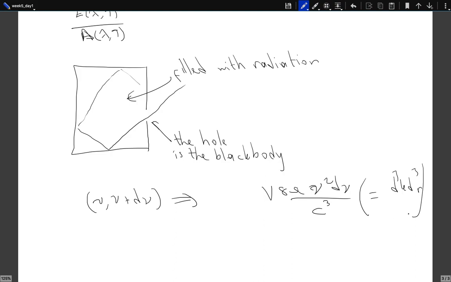Then the next question is what statistical mechanics tells us. It is before Planck's time.